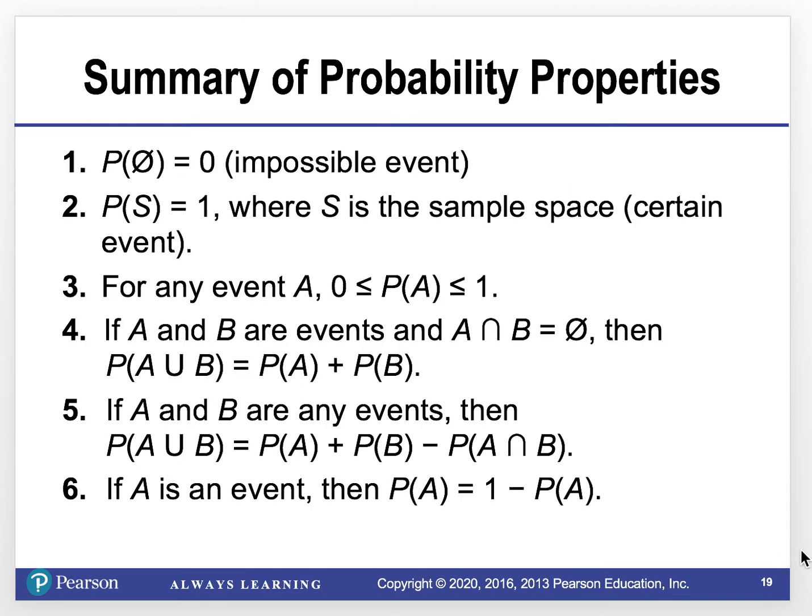Okay, here's a summary of some probability properties. Okay, so some of these you also might want to put on your notes. Okay, the probability of the empty set is 0. The probability of the sample space, in other words, like we said, if you're rolling a single 6-sided die, what's the probability it's less than 10? Well, everything in the sample space. So that's 1. All your probabilities have to be between 0 and 1.